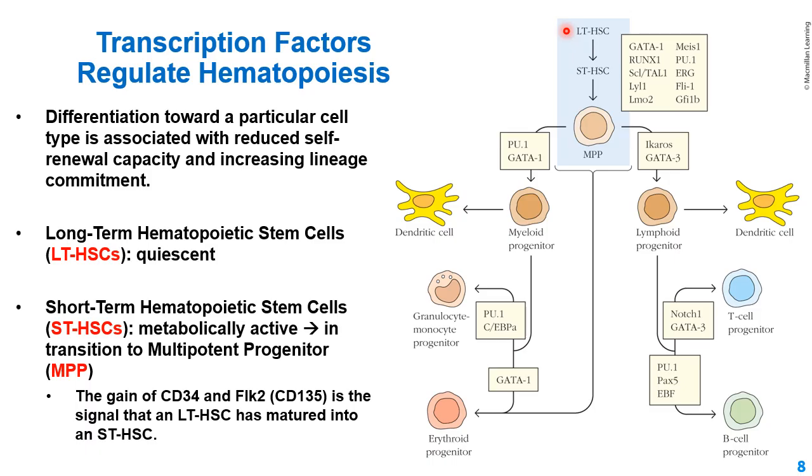One of them is going to stay there and also be long-term. The other one becomes the short-term hematopoietic stem cell. This cell is metabolically active and is not going to sit around for a long time. It's in transition into becoming something else.